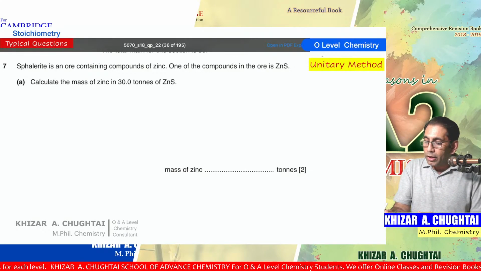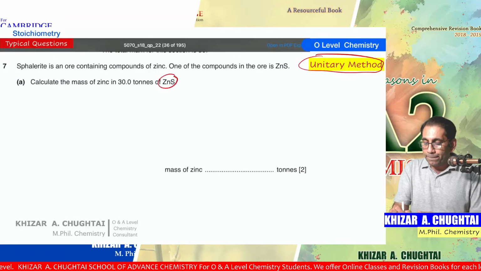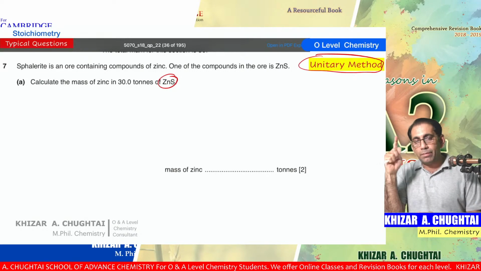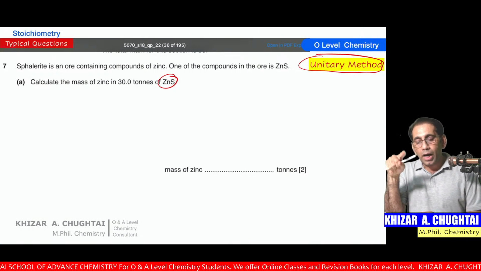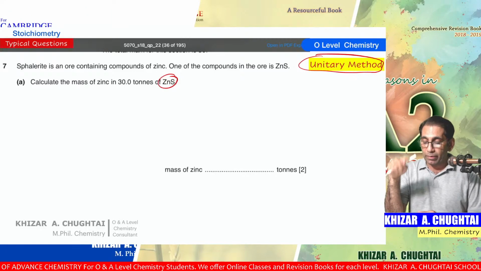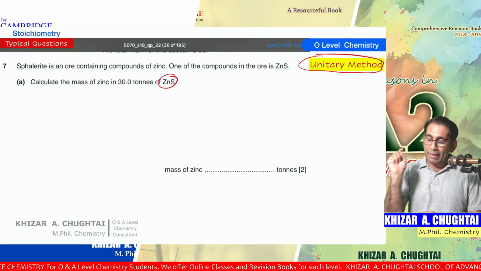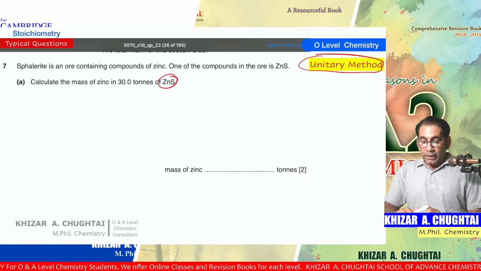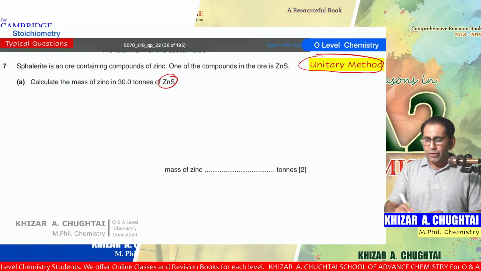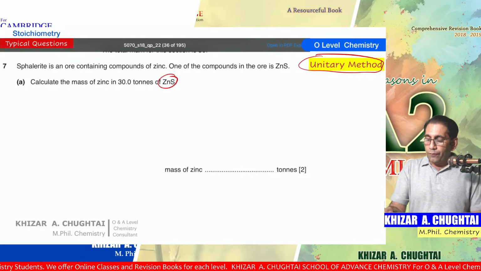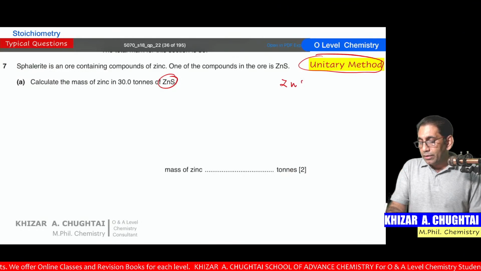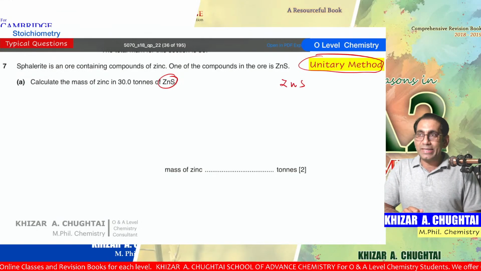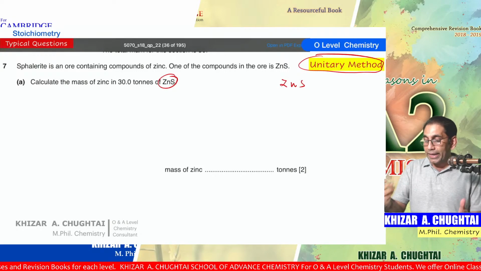Once again, the unitary method is applied. Whenever you are going to get information from a balanced chemical equation, or from a formula, you will use the unitary method or unitary rule. So let's talk about it. For example, forget about the tons. I'm going to write ZnS. What is the Mr of this ZnS?